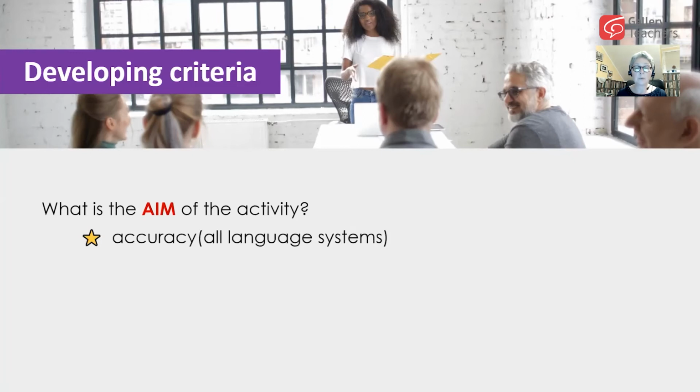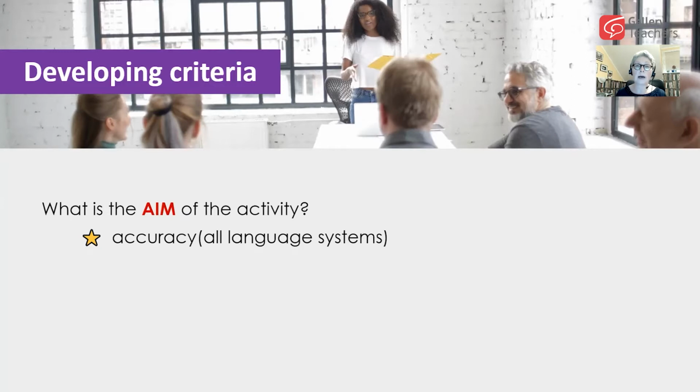When developing criteria, the most important thing that we need to look at is what it is that we're trying to achieve in a given activity. And here are some examples of aims. We could be focusing on students' accuracy, and it could be accuracy in one language system or in more than one language system.